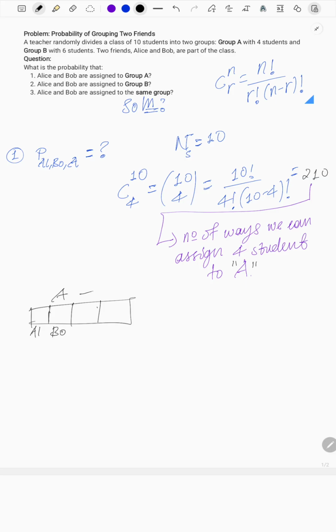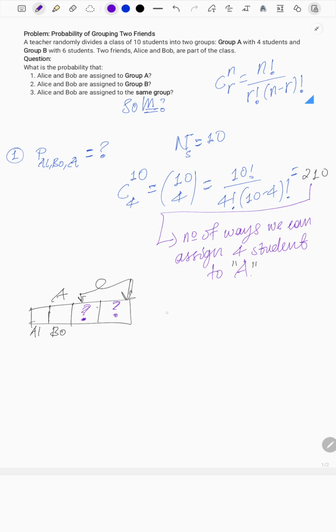So we have flexibility with the two remaining spots in Group A. For these two remaining spots, we'll find the number of ways we can fill these two spots from the remaining 8 students.